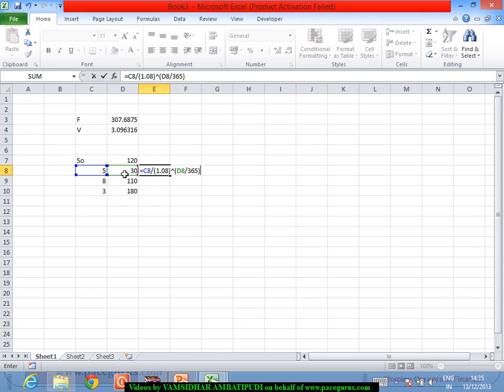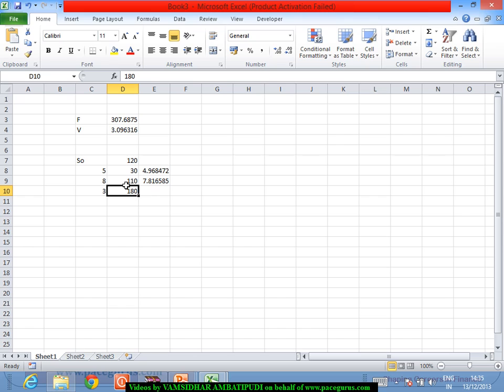This is going to be the present value of the dividend that I am going to receive after 30 days. Similarly, this is going to be the present value of the dividend that I am going to receive after 110 days, 110 by 365. Right? The dividend of 3 after 180 days I am not bothered about.